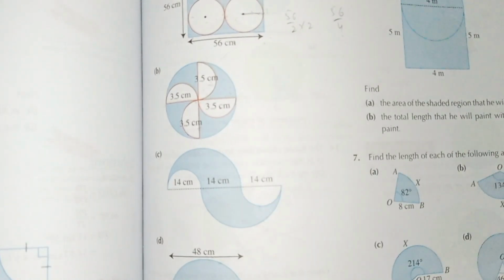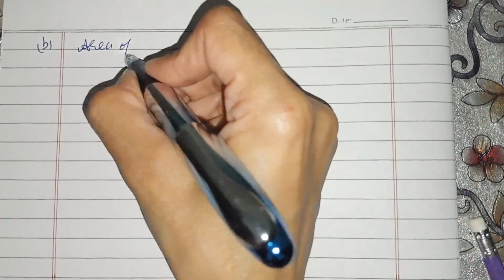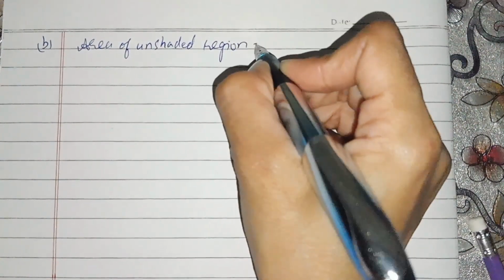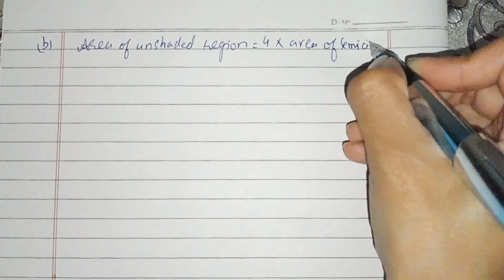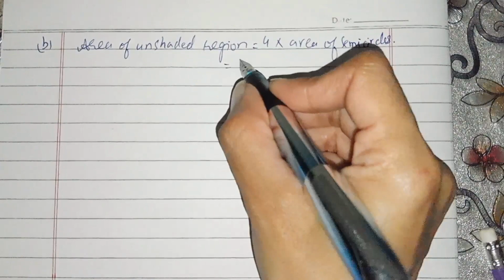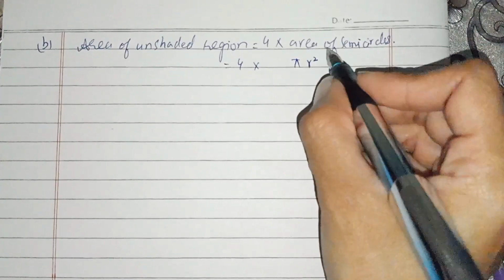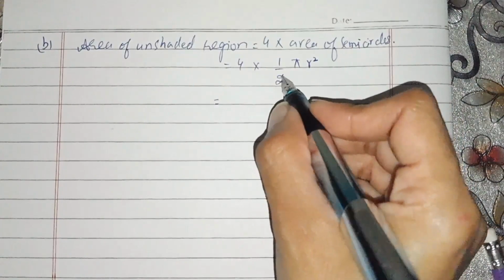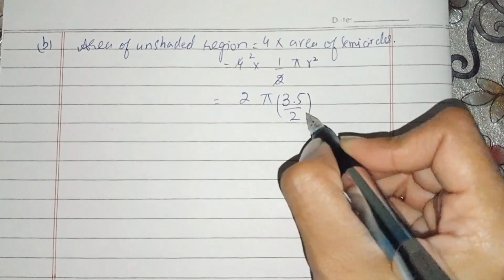Very simple. Area of unshaded region is equal to 4 areas of semicircle. Area of unshaded region is equal to 4 multiplied by area of semicircles. You know the formula of a circle is pi r square, and this is a semicircle, so we have to divide it by 2, and this is 4 times pi r square, with r 3.5, divided by 2.